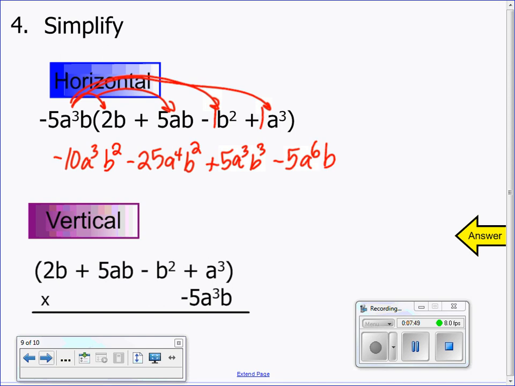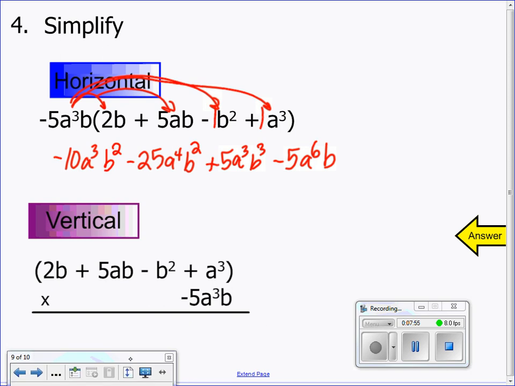If you were going to line this up vertically, it would be the same kind of principle taking place.